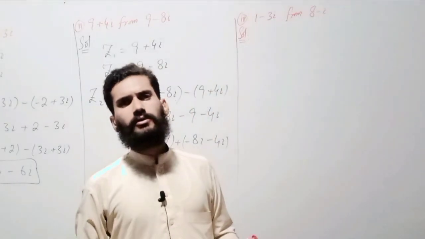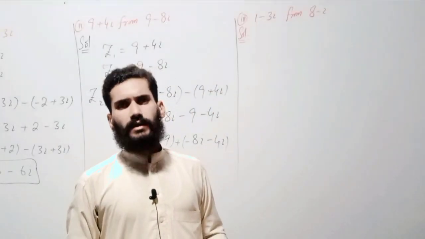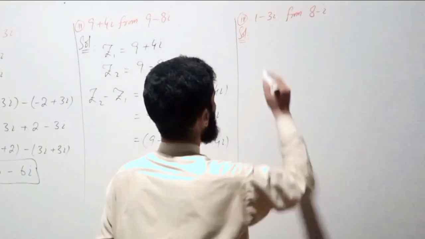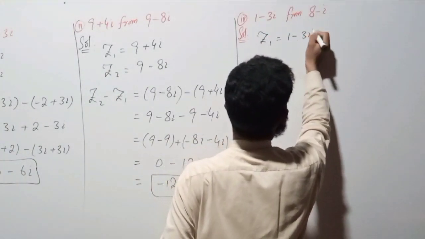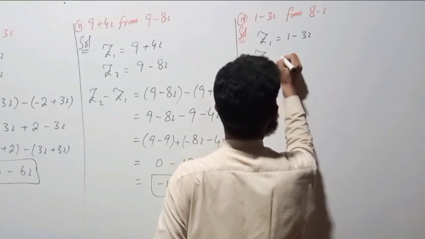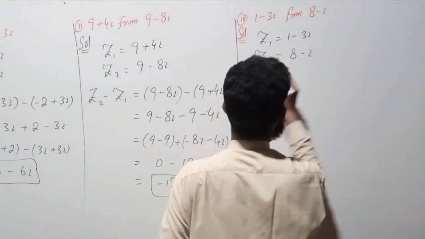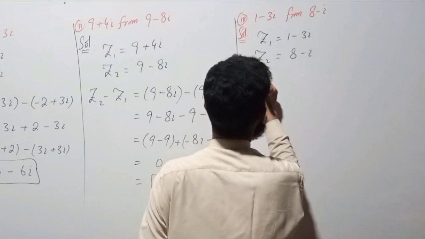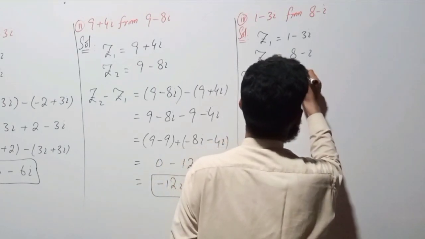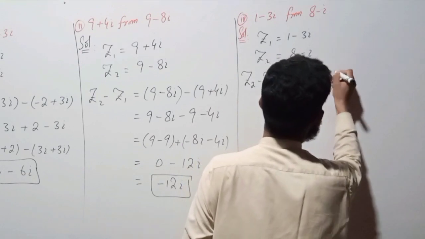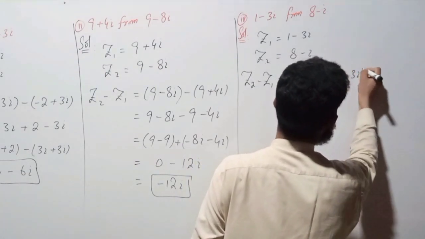For part 3, the same method applies. The first complex number is z1 equal to 1 minus 3 iota and z2 is equal to 8 minus iota. So z2 minus z1 is 8 minus iota minus 1 minus 3 iota.